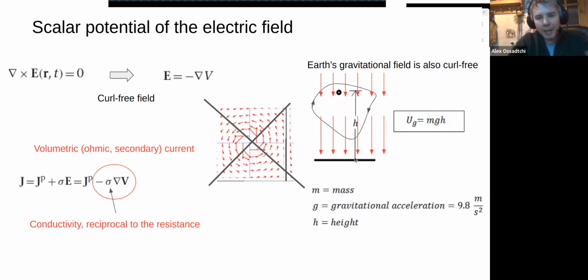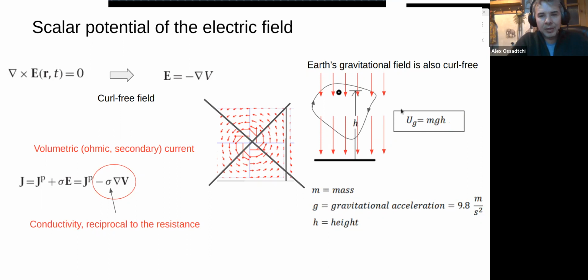In gravitational and electric fields, we encode these levels with the so-called potential function. You've heard this word potential in physics because you have all heard about potential energy.